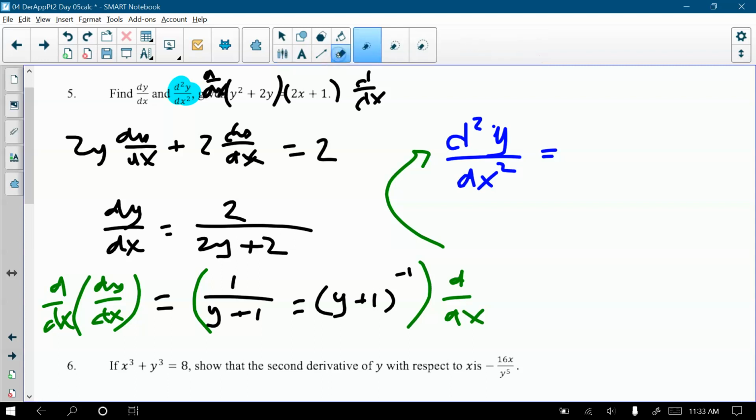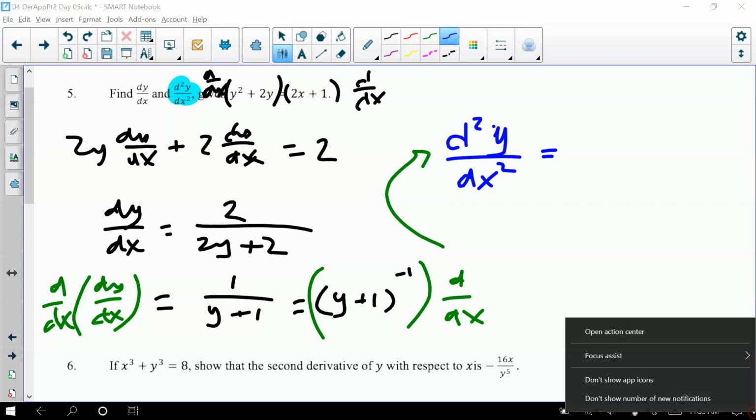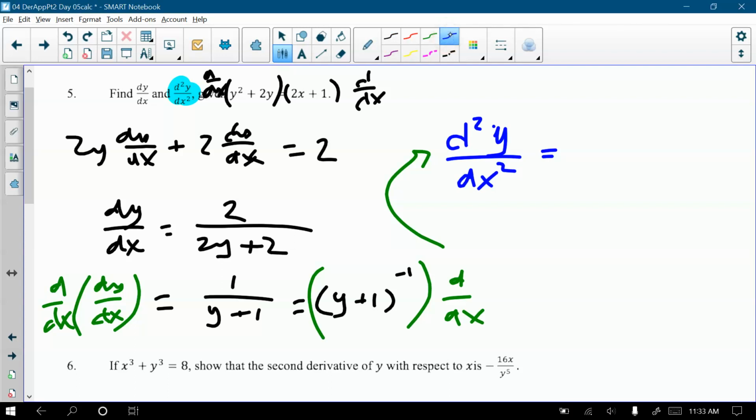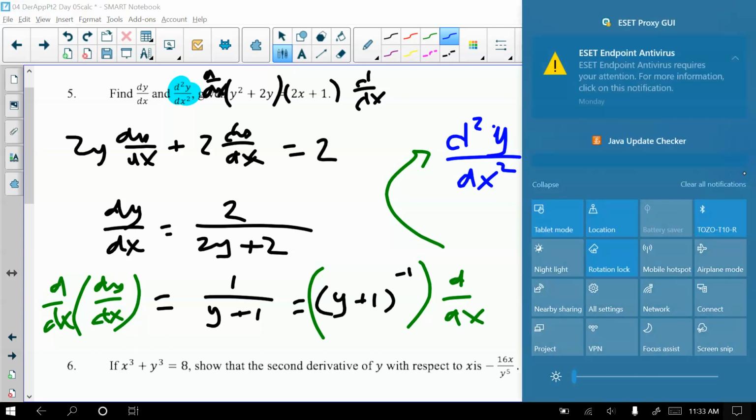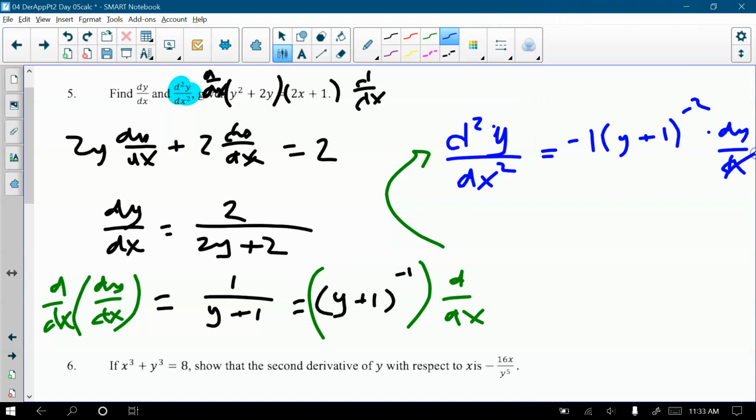Actually, I just want to change one tiny little thing here. I'm actually taking the derivative of this part. I'm going to get, the negative 1 comes down in front, so negative 1 times y plus 1 to the negative 2 times the derivative of the inside, and the derivative of the inside is dy dx.